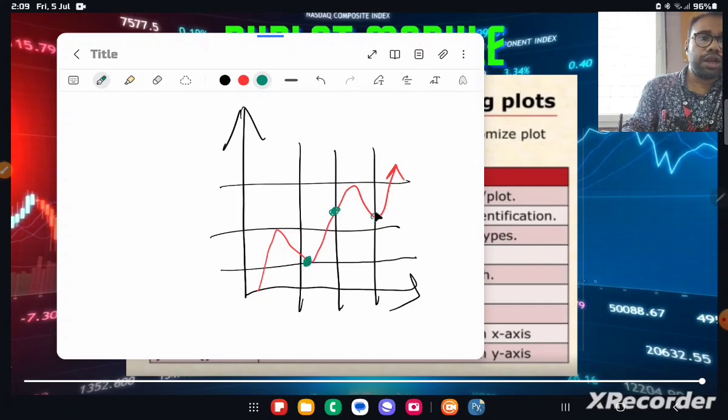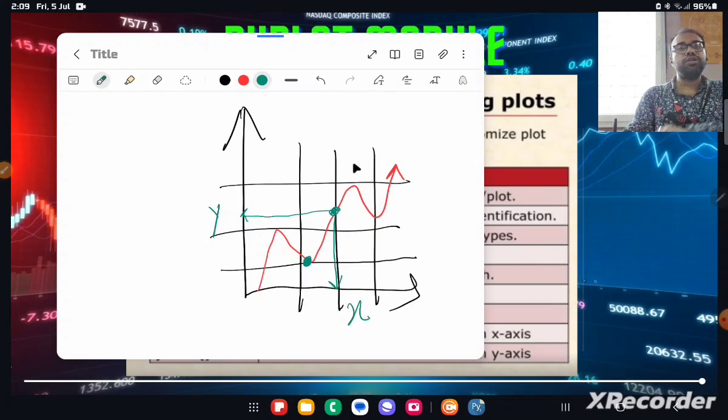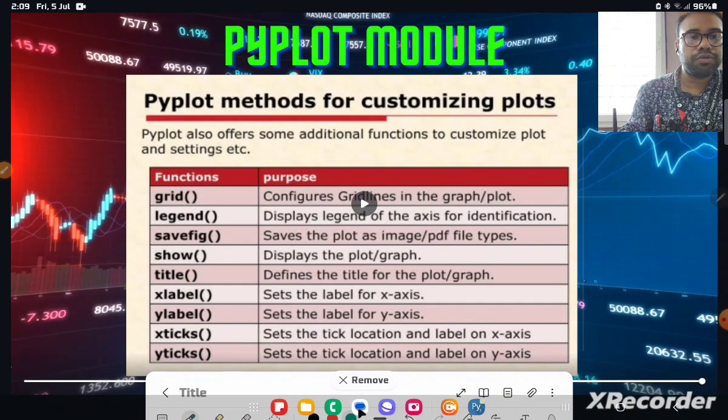The grid lines help us know which particular point pertains to which axis data. Suppose this will point to the y-axis data, and at this particular point it will point out the x-axis data. So that is the utility of grid, okay. I hope it is clear to everyone.